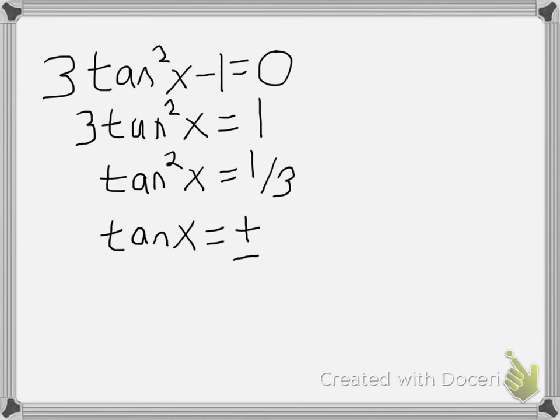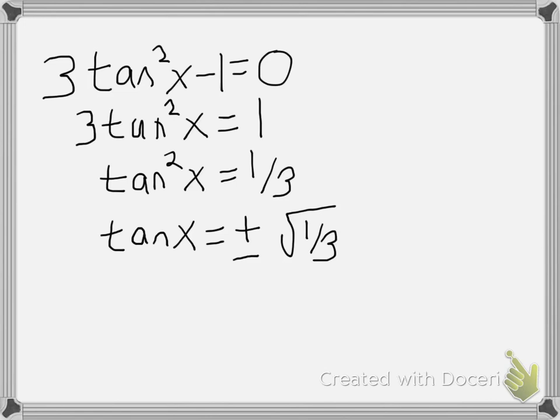So we want positive and negative square root of 1 over 3. This is where so many students mess up, because they refuse to realize that there is both a positive and a negative root whenever you take a square root.